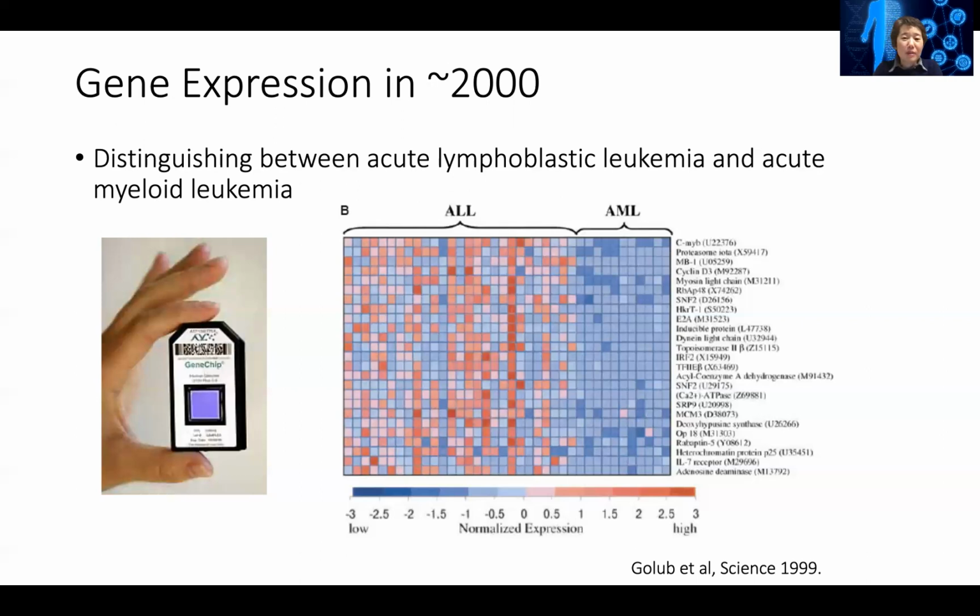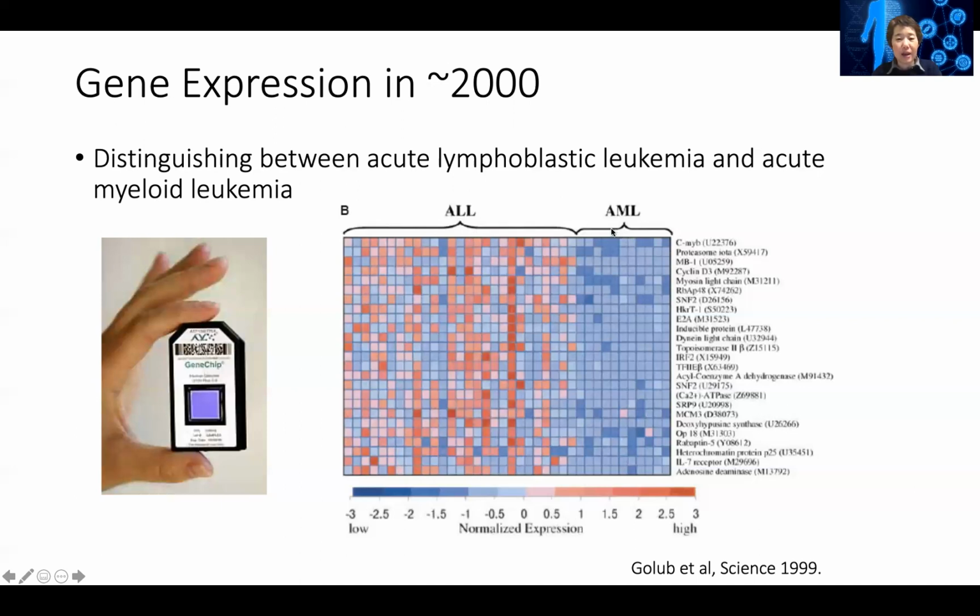And I remember this is a 1999 seminal study done by Todd Golub at the Dana-Farber Cancer Institute, where I'm a faculty. So basically, there were two types of leukemia. One is acute lymphoblastic leukemia, called ALL.